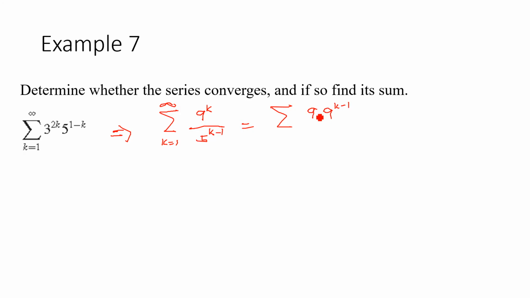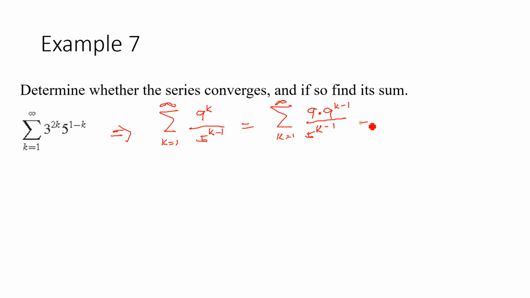If we are going to multiply the same base, we are going to add the exponents. Okay, over 5 raised to k minus 1, from k equals 1 to positive infinity.